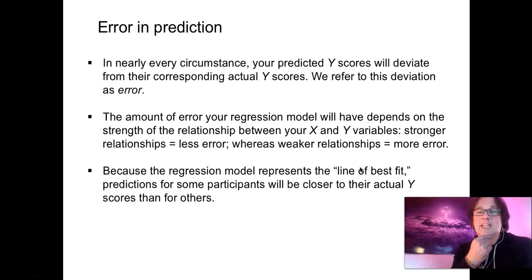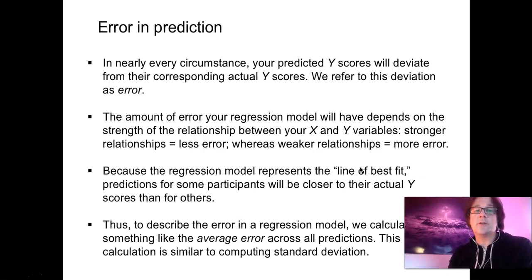It's the line of best fit. It's the best that we can do. And it'll do a better job for some pairs of scores than for other pairs of scores. So to describe the error in a regression model, we calculate something known as the average error across all predictions. And this calculation is very similar to computing a standard deviation.